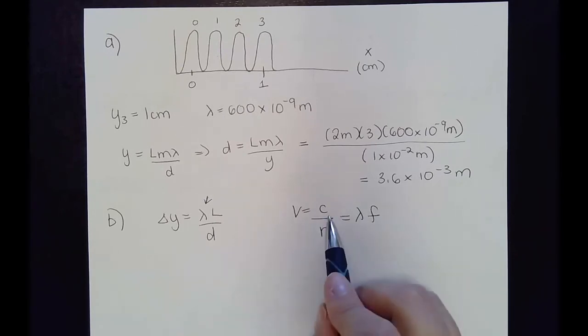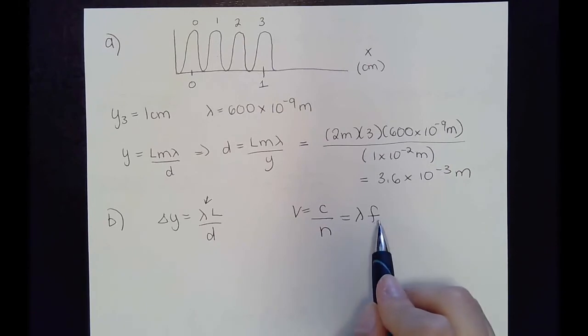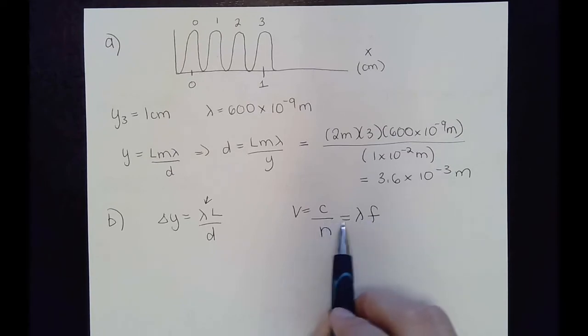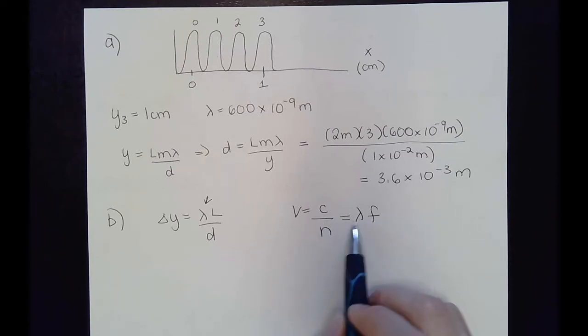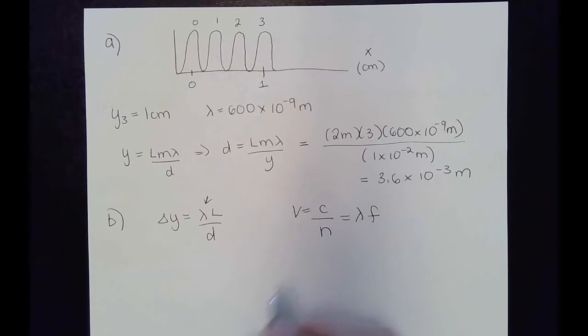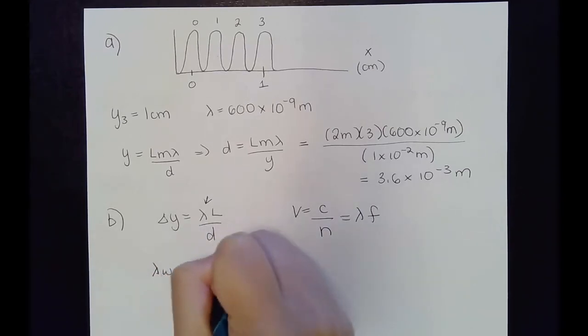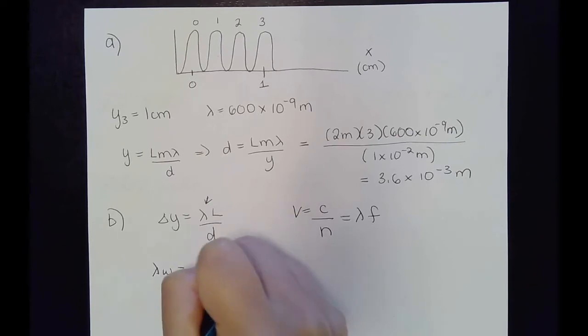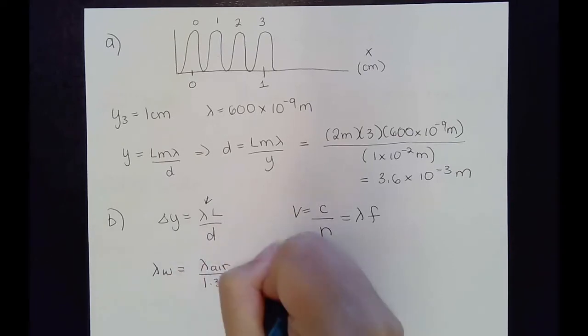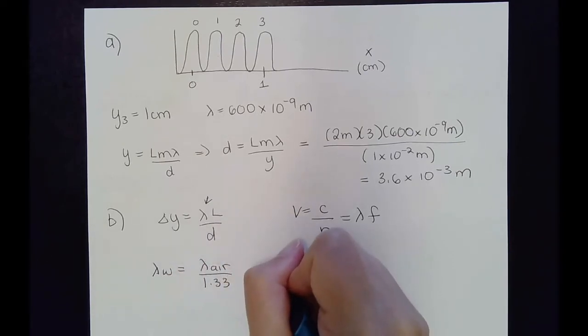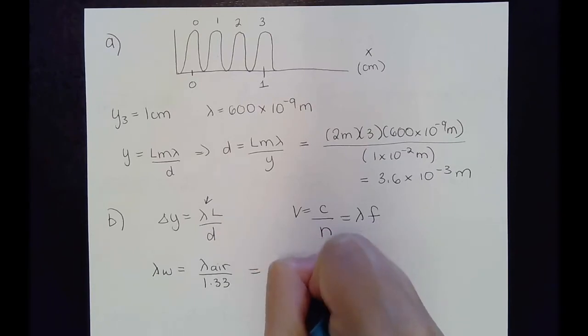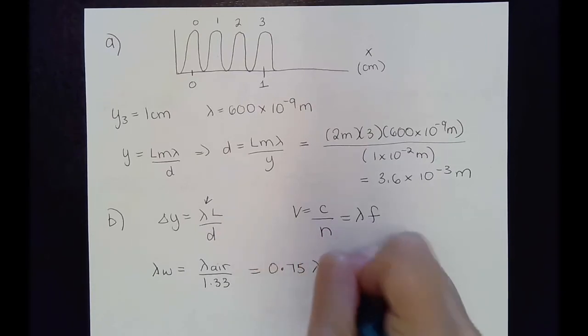We know v is c over n, and this equals lambda f. f will still be constant; that's always equal in a sense to the source frequency. So we have wavelength proportional to 1 over n. This means that lambda in water will be lambda in air over 1.33. So if you do 1 over 1.33, this is 0.75 lambda in air.